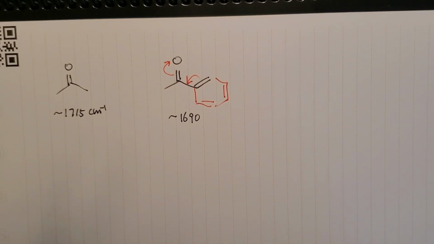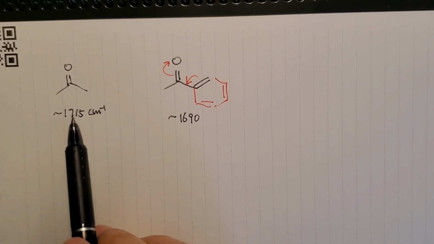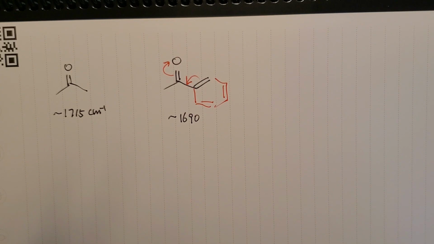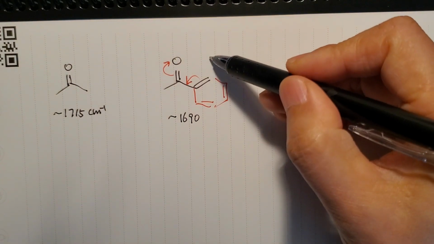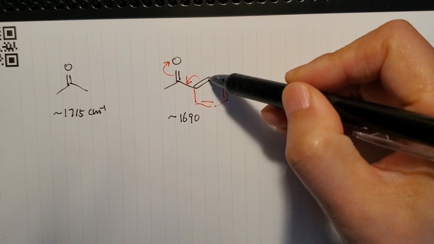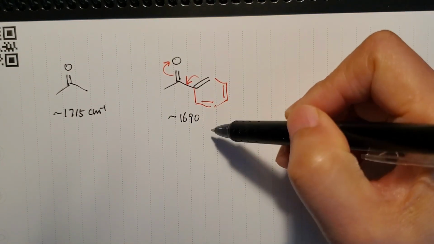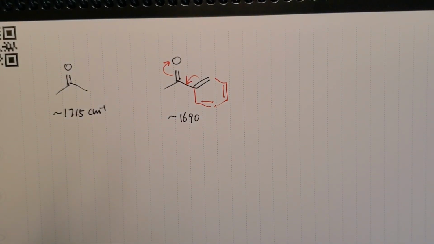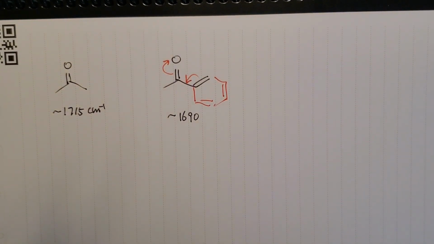The point is this number gets about 25 to 30 reciprocal centimeter weaker. However, that also depends on what you have here as substituents, or here or here or there. So the number can vary. Also, the resonance is not always happening with only a double bond, right?